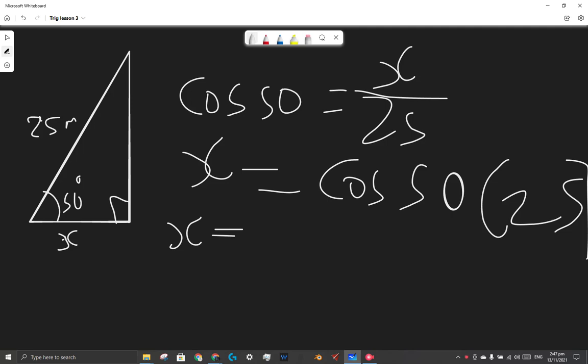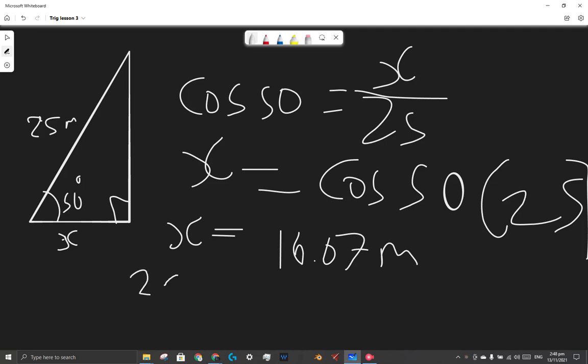What is it? Cos 50 times 25. If you got 16.07 meters, if you solved it my way, then that is correct for step 1.